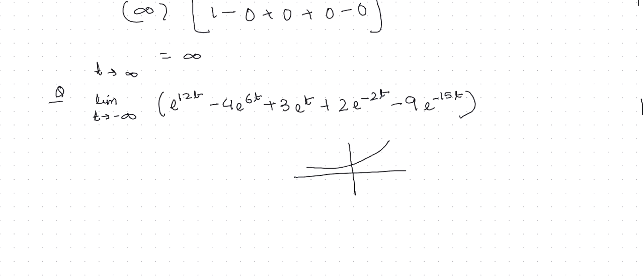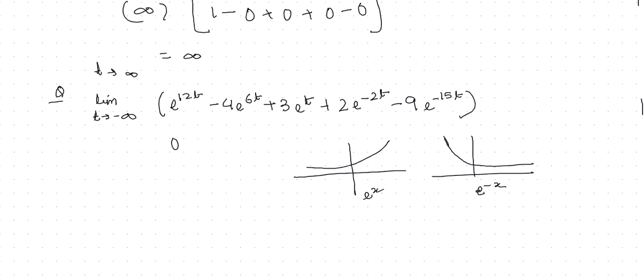This is the graph of e^x and this is the graph of e raised to power negative x. So if we see t tends to negative infinity, the positive exponents don't cause a problem because they give 0.